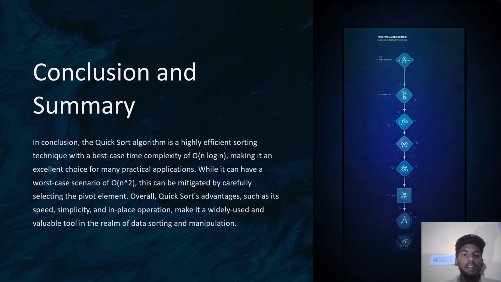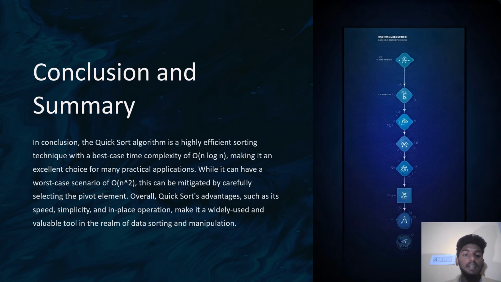Conclusion and summary. In conclusion, the Quicksort algorithm is a highly efficient sorting technique with a best case time complexity of O(n log n), making it an excellent choice for many practical applications.